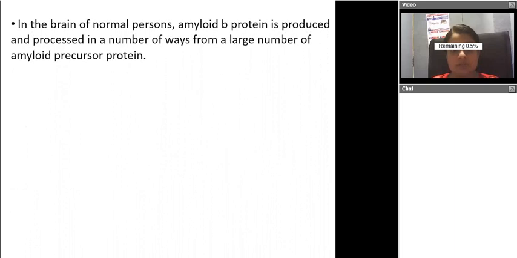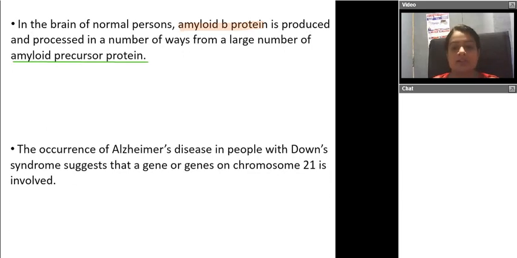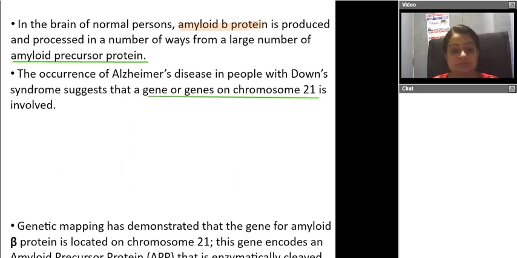Amyloid beta protein is produced. This protein is produced from a large number of amyloid precursor proteins. In people with Alzheimer's disease and Down syndrome, there is a gene on chromosome number 21.